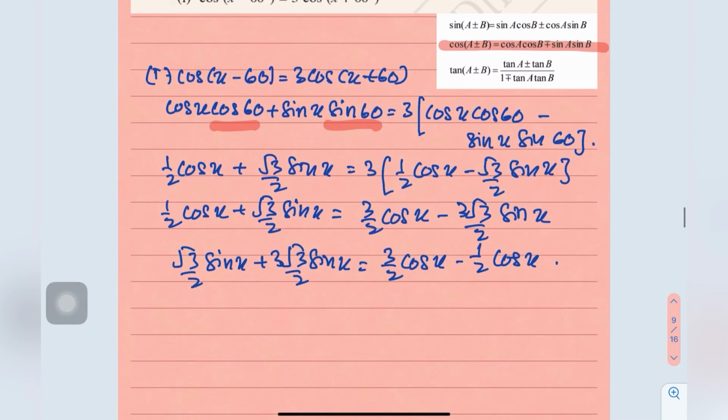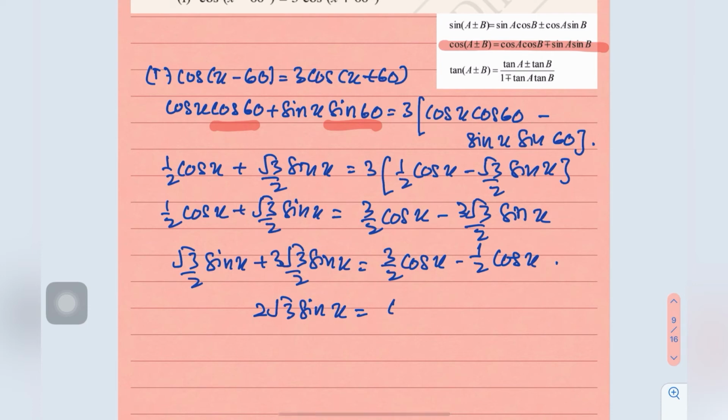Root 3 over 2 plus 3 root 3 over 2 is 4 root 3 over 2, so 2 root 3 sin x equals 3 over 2 cos x minus 1 over 2 cos x, which is 1 cos x.